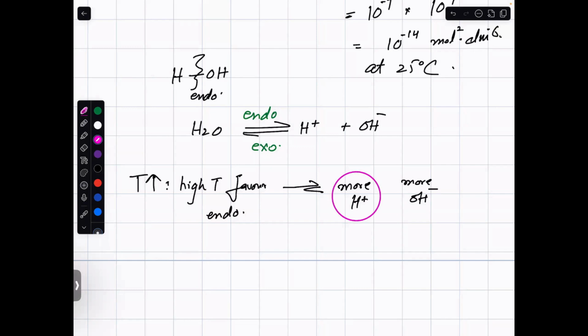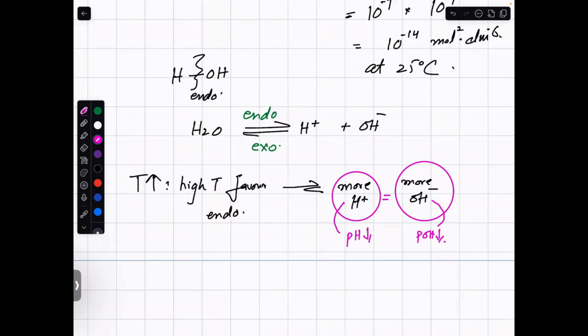They are equal. If they are equal, it's still neutral because the H plus and OH are equal. They are more, and if I take the negative log of more H plus, the pH is what? Lowered. If I take the negative log of OH, the pOH is lowered equally.